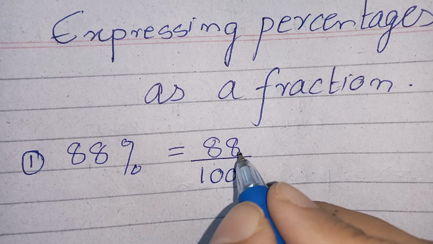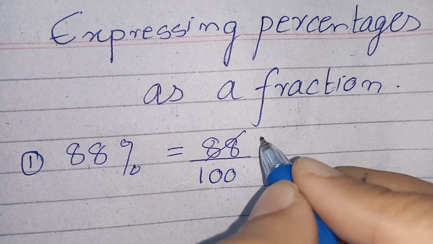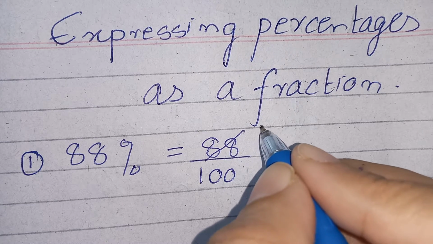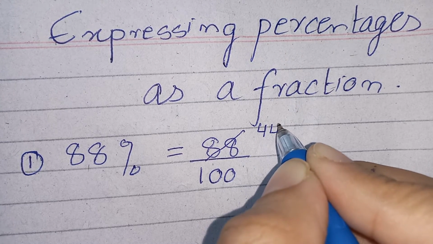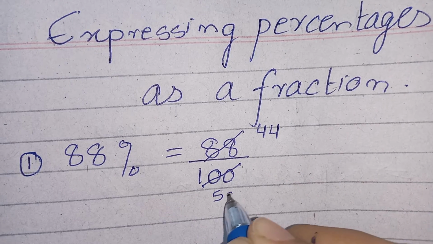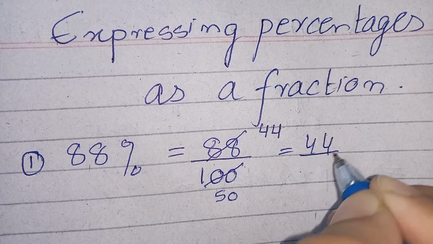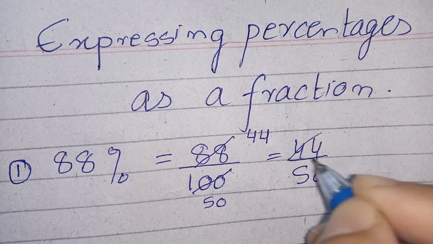We have discussed this in one of the lectures on fractions. So start reducing it. 2 times 4 is 8 and 2 times 50 is 100, and again just rewrite or you can simplify.